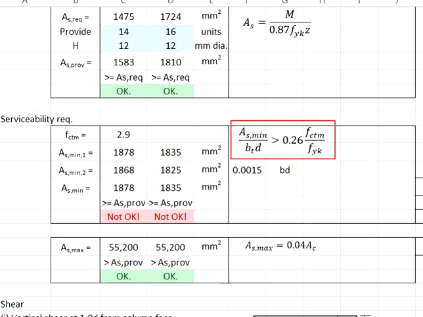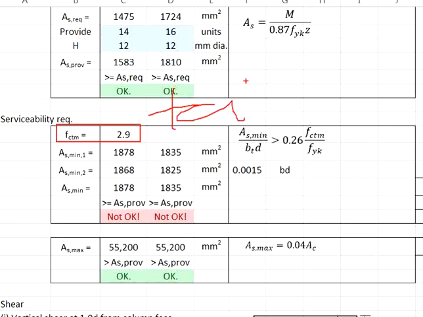and then you calculate the formula to get another As min. For this you will require the fctm that you can obtain from Eurocode Table 3.1. A grade 30 concrete will give you fctm equal to 2.9.